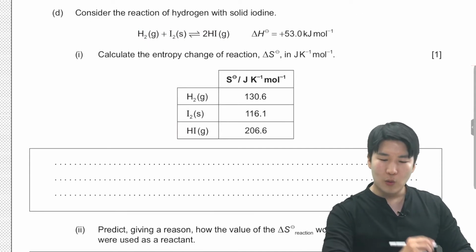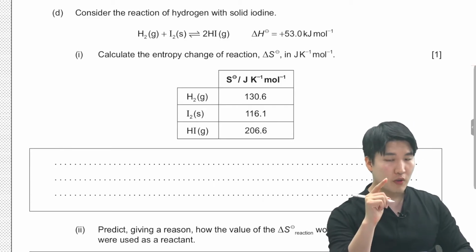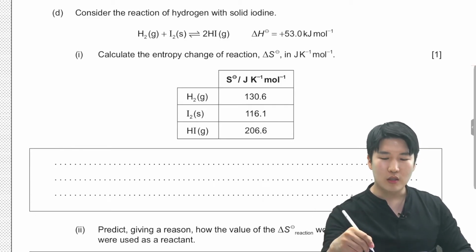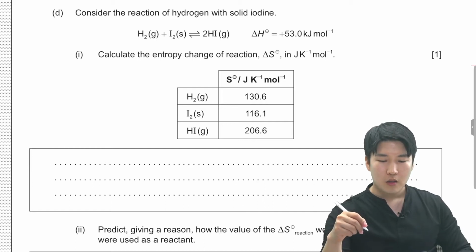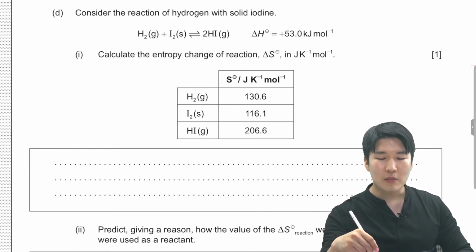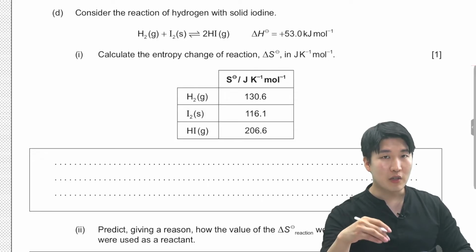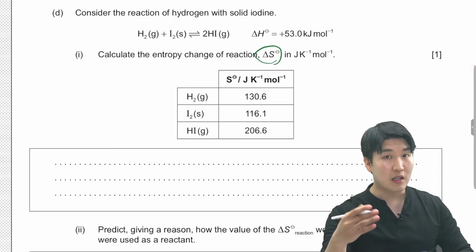We have been told that this reaction, the forward reaction, is endothermic with a specific delta H value. And we are given some entropy values of the reactants and product and asked to calculate delta S.